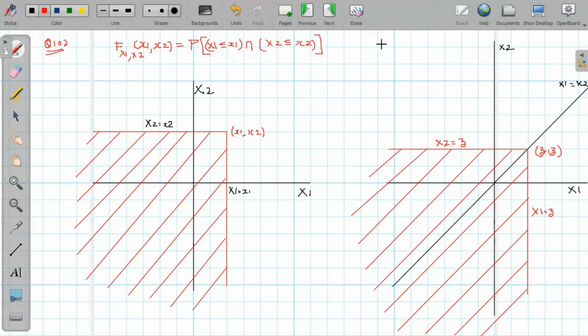So now we will see what is the CDF of z, where z is maximum of x1 comma x2.